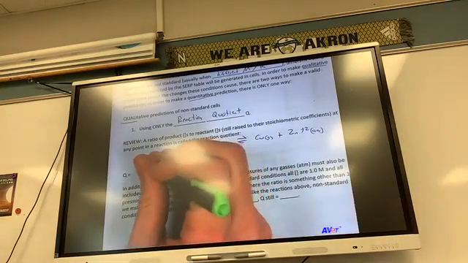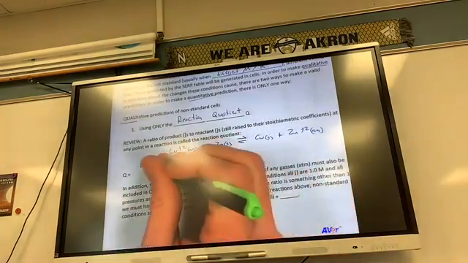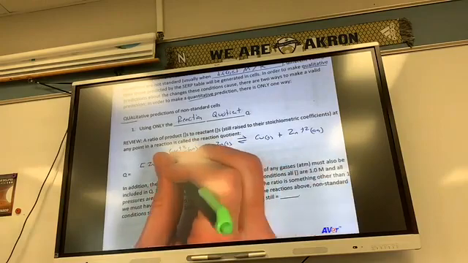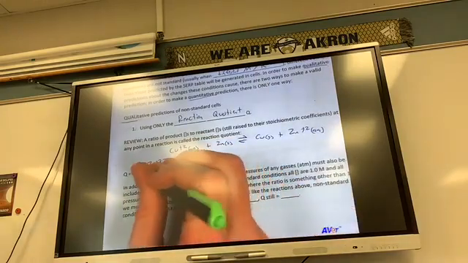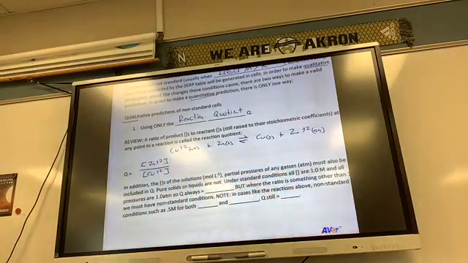Q would equal the concentration of Zn2+ over the concentration of Cu2+. Solids are never part of the expression.